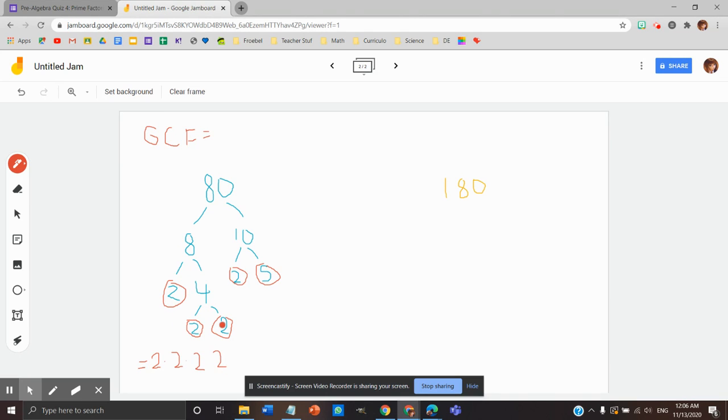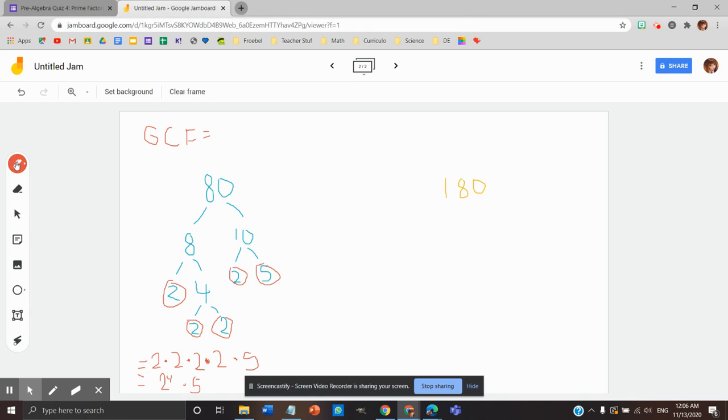Very good. 1, 2, 3, 4. There's a little dot right here in the middle saying that that is multiplication, right? And a number 5. Now, if I want to simplify it, I can write this as 2 to the 4th power times 5, right? But I don't need to do that because I'm just looking for the greatest common factor.